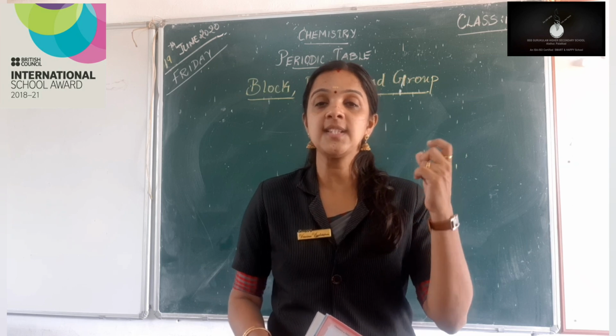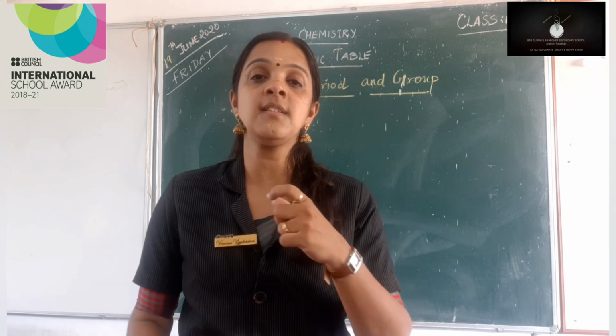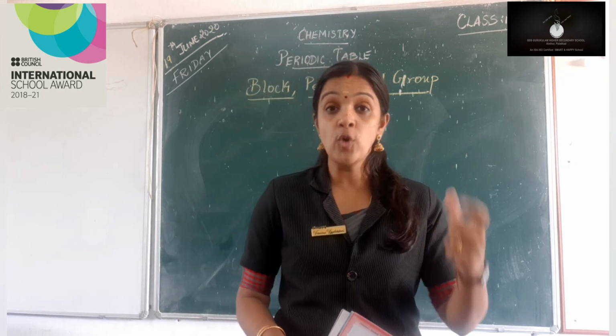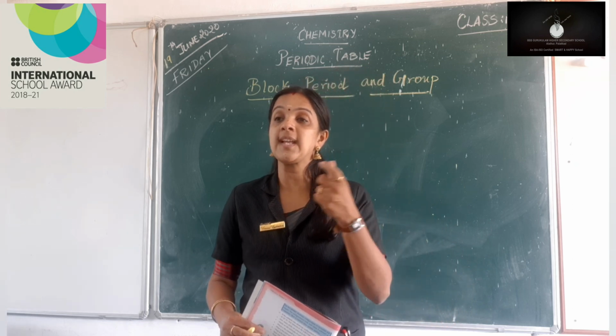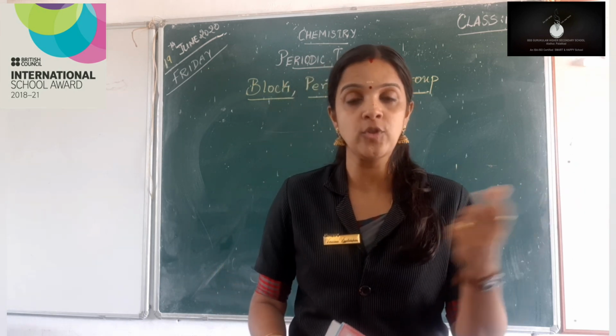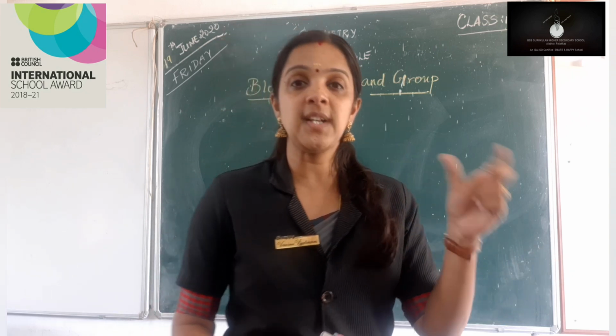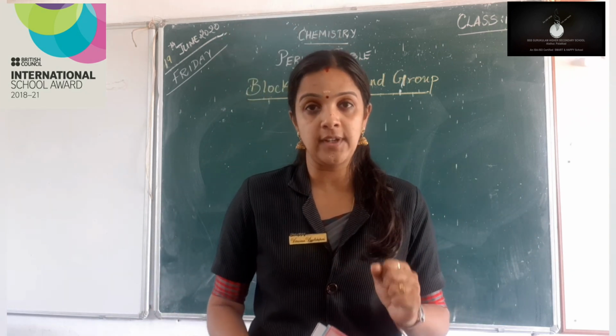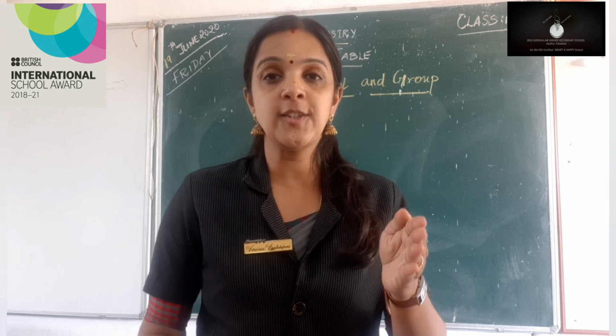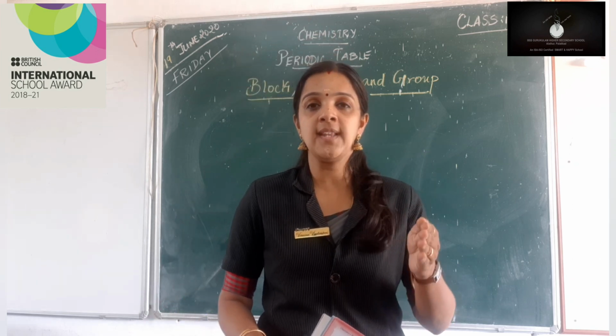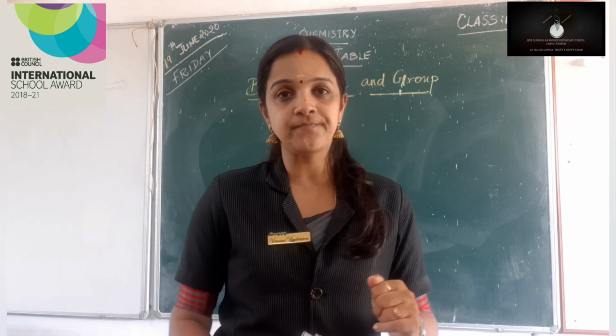Yes, because the d5 and d10 subshells, the partly filled and the completely filled subshells, are more stable. Chromium and copper take up the d5 and d10 configuration, so that's why they show a peculiarity in their configuration.